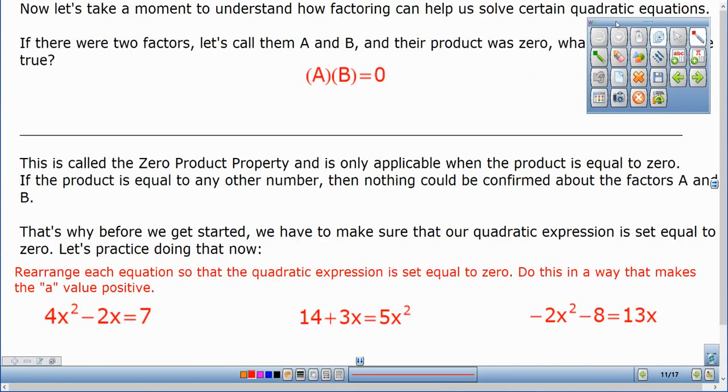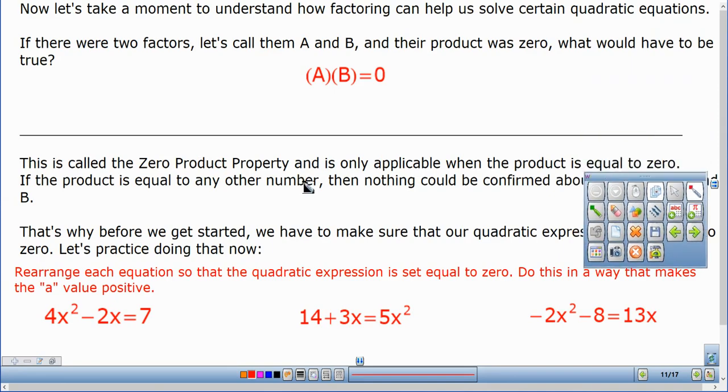Now let's take a moment to understand how factoring can really help us solve quadratic equations. We're going to start with understanding something called the zero product property. If I have two factors that I'm naming A and B, and their product is 0, what would have to be true?